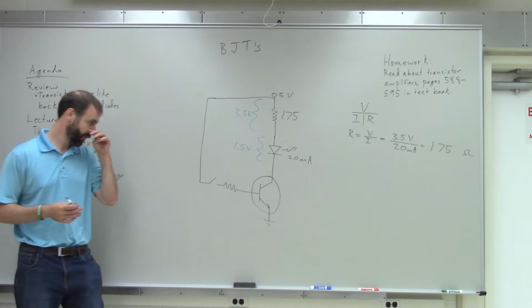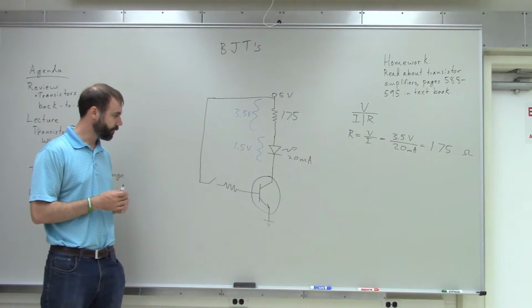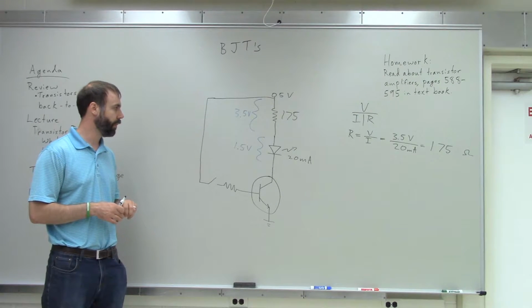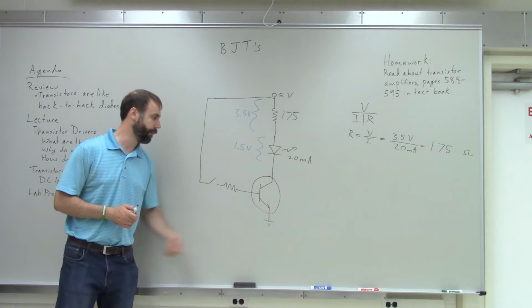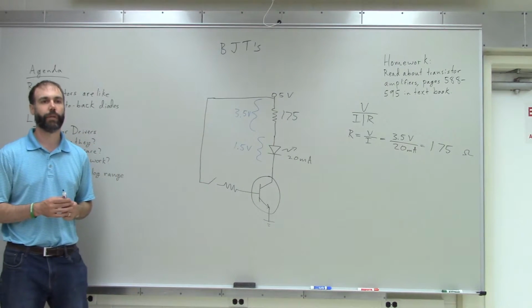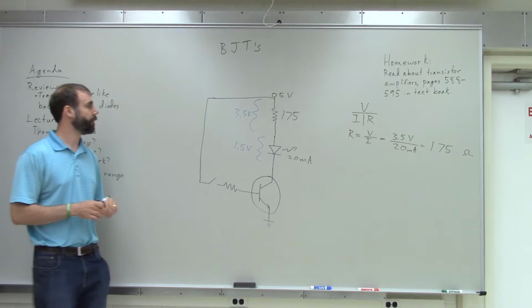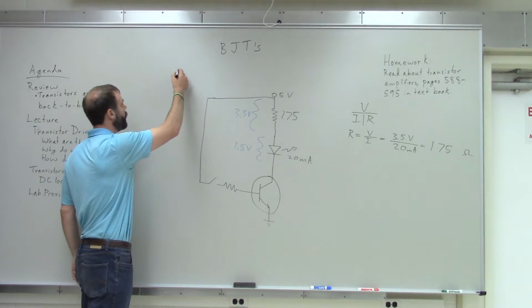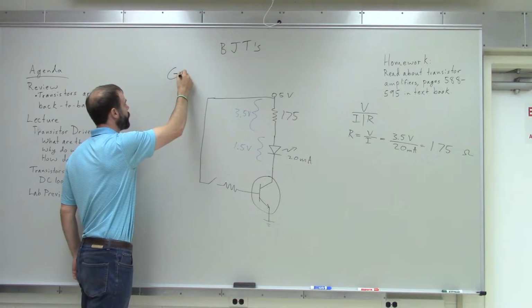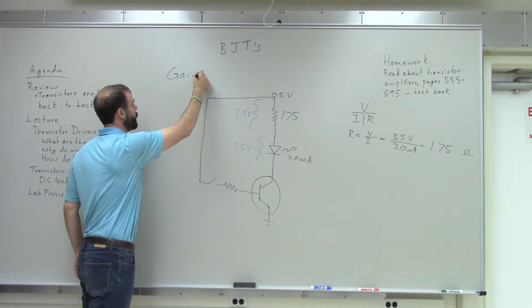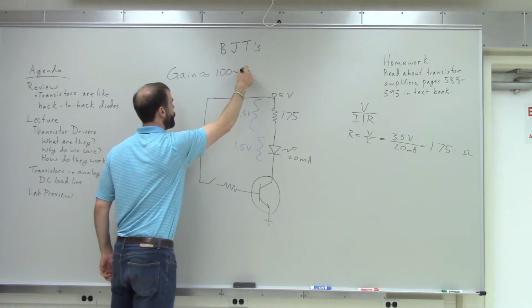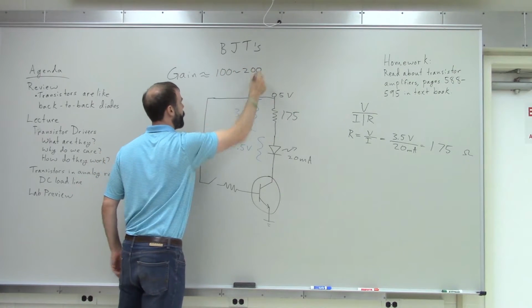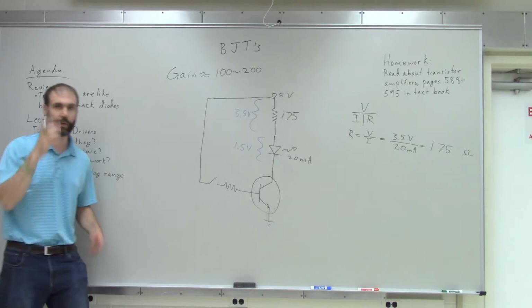Okay? So the way that we do that is we use what we know about the gain of this transistor. So we know that the gain was somewhere around 100 to 200, right? Something like that.